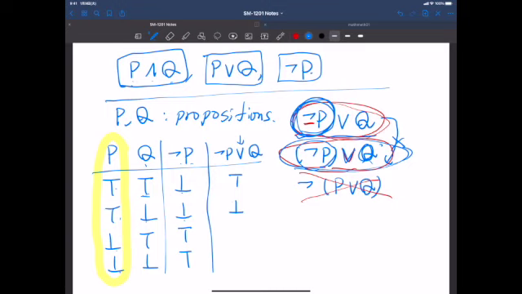True, true, this should be true. And false, true, this should be true. So these are the values of not P or Q. So in this way, you can derive the truth values of any complex propositions.